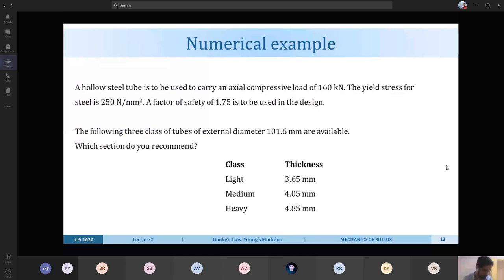So 160 times 10 to the power of 3 by 142.85. What you are saying is you took the inverse actually. What is the formula for the stress? Stress is P by A. Yes. So from that you have to calculate the area. Area will be 1120. Tell me the unit also.